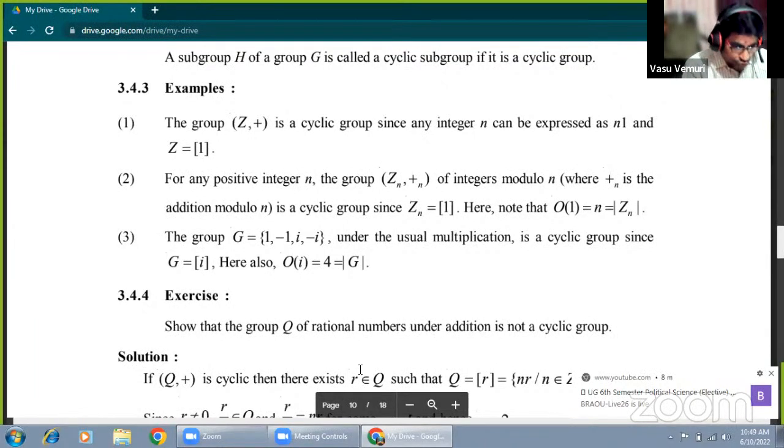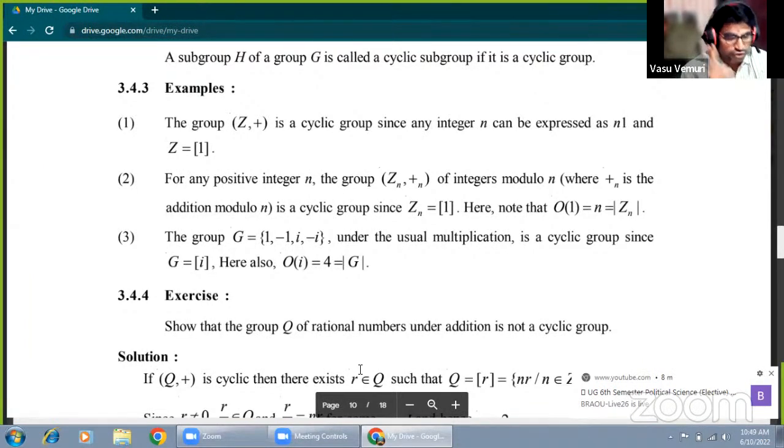Now the cube roots of unity elements can also be written as the set of omega square whole power 1, omega square whole square, omega square whole cube. Here the generator is omega square, which is also one of the elements of this group. Therefore, there are 2 generators in the cube roots of unity: the group generated by omega and the group generated by omega square.